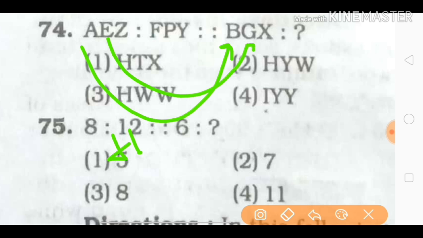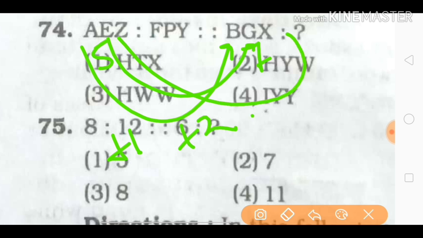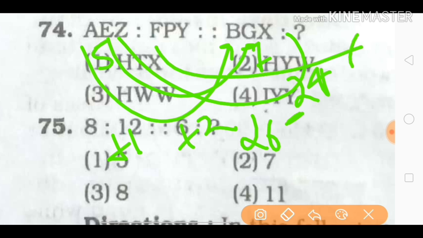E to G, E is 5, G is 7, plus 2. Z to X, Z is 26, and this is 24, right? Here it is minus. The same thing you will do here. 1 G, right? No. Here. F.